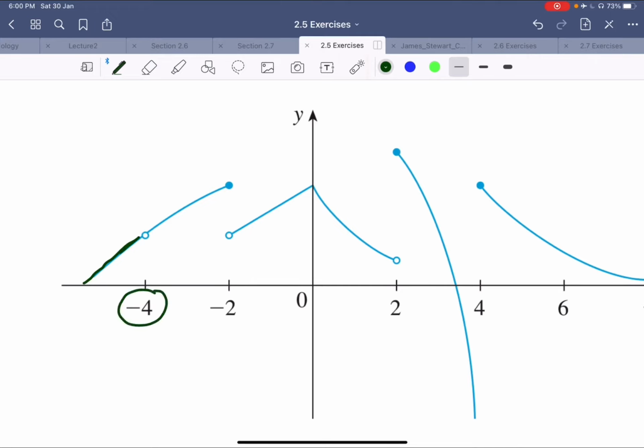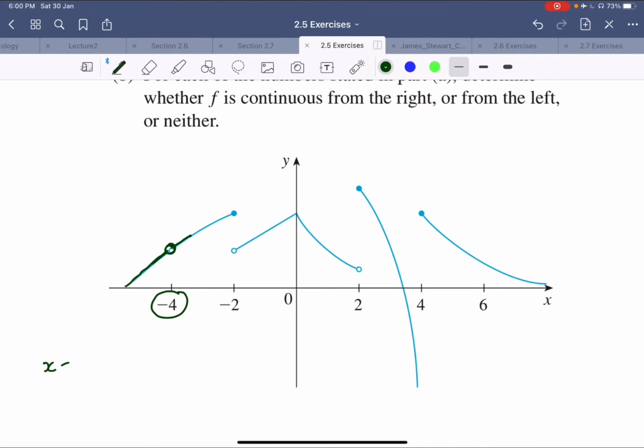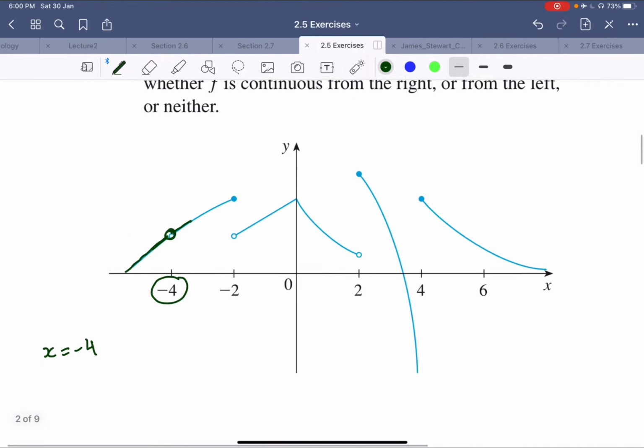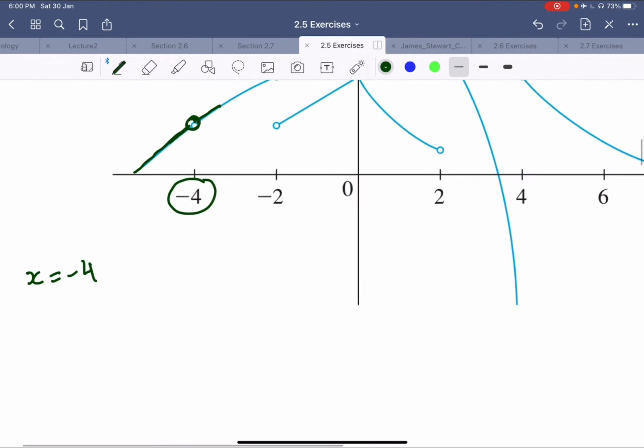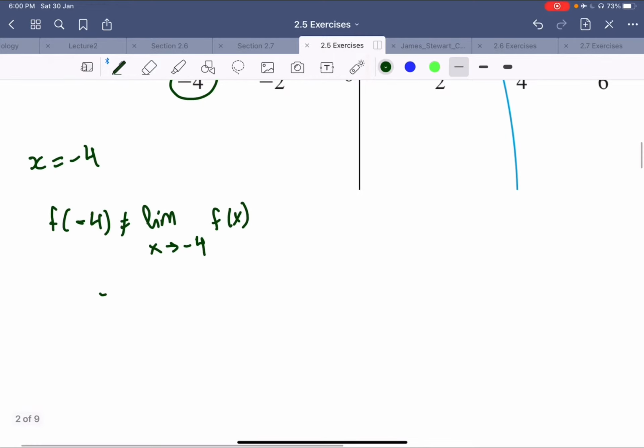The limit from the left equals the limit from the right but the image is not available. So when x equals minus 4, f of x is discontinuous because the image is not available. Or we can say f of minus 4 doesn't equal the limit when x goes to minus 4 for f of x. Or we can say the image is undefined.